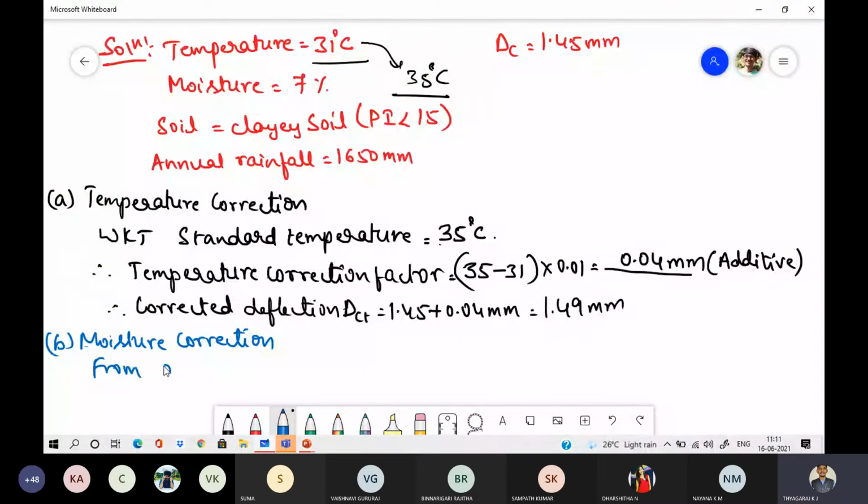Now come here. From graph, moisture correction factor is equal to 1.5.